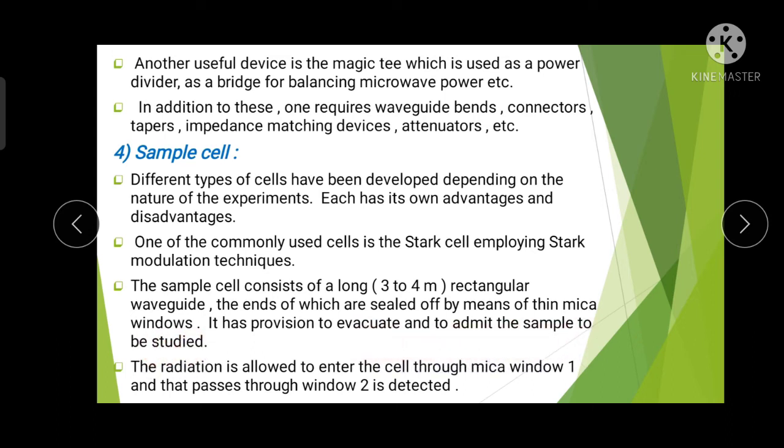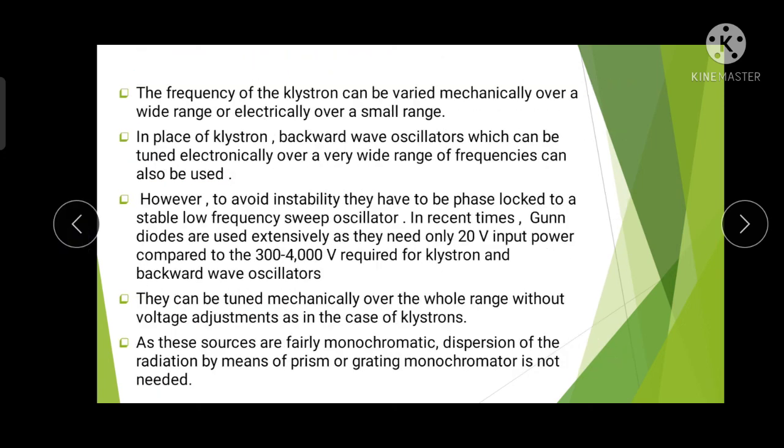That means the sample cell consists of a long tube, 3 to 4 meters in length, rectangular in shape, that is a rectangular waveguide. At both ends of the waveguide there is a thin mica window, that is mica window first and mica window second.